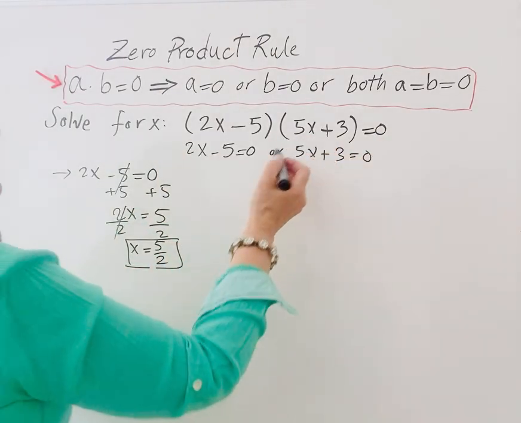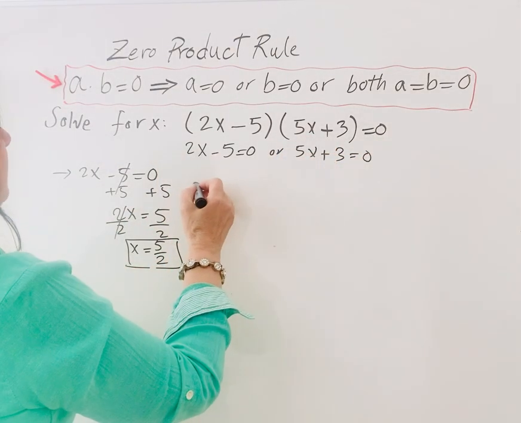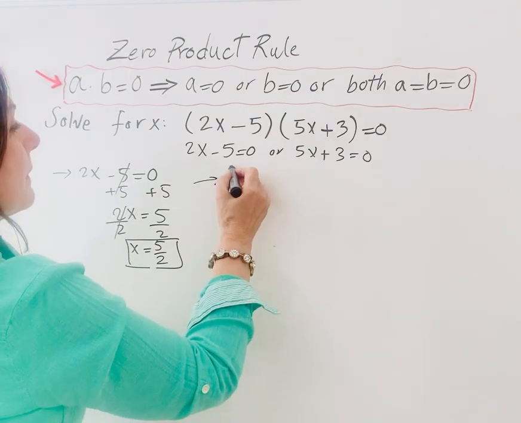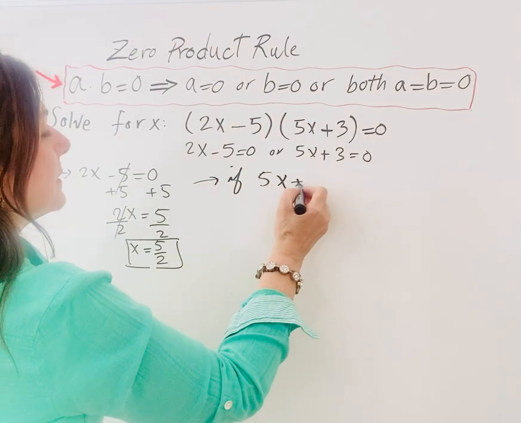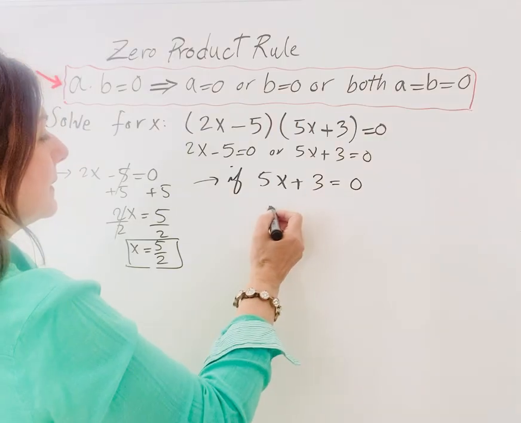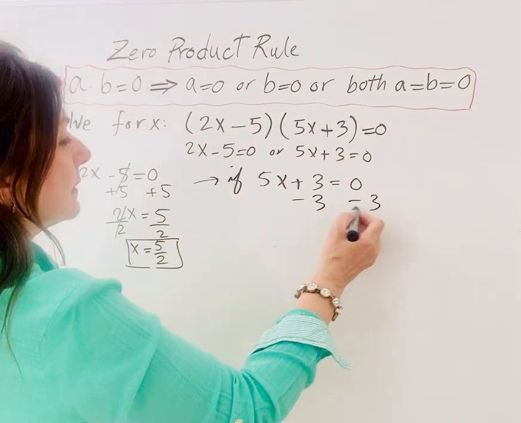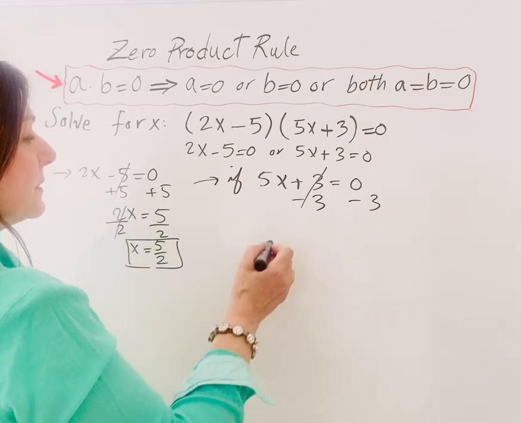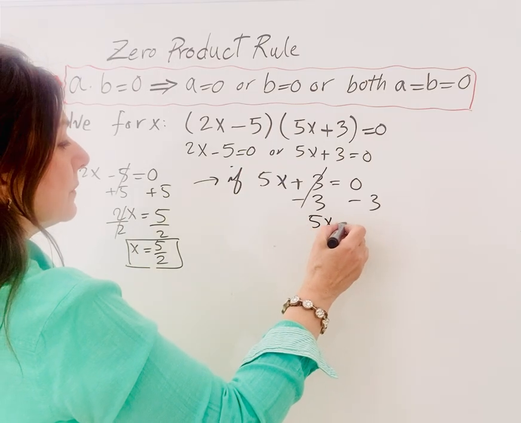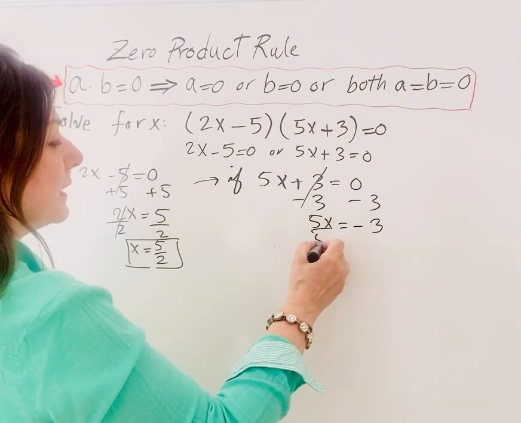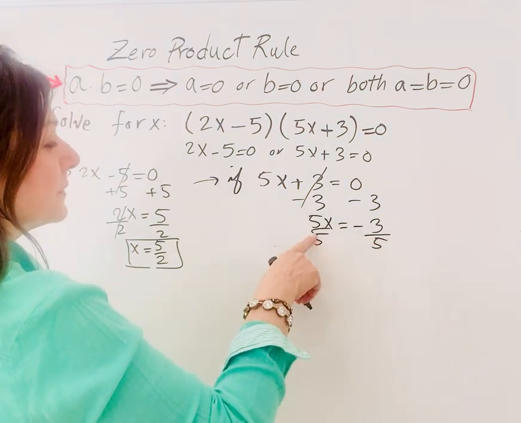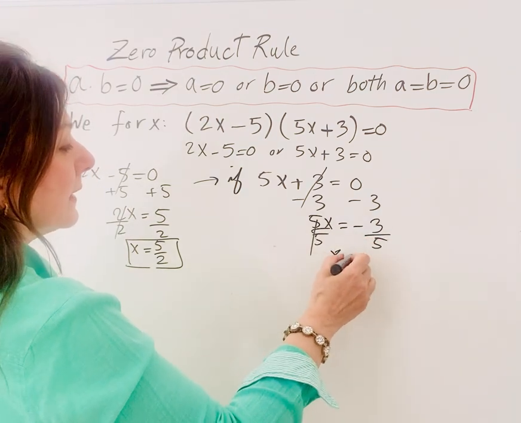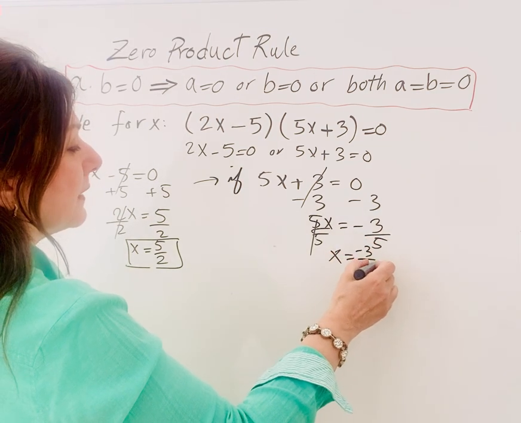Okay, how about the other one? If 5x plus 3 gets 0, what happened? Just cancel 3 here by adding the opposite. 5x equals negative 3. Divide by the coefficient of x. x gets negative 3 over 5.